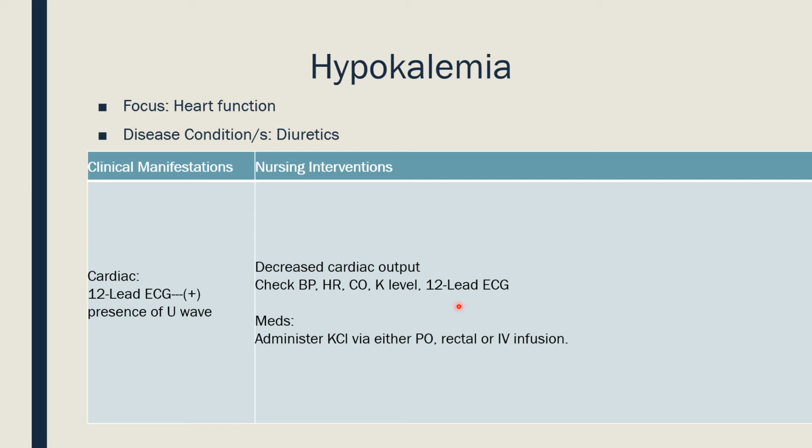And you want to check their 12-lead ECG, their baseline. Okay, and if your patient has low potassium, then you give potassium. And remember, this is a very common NCLEX question: you do not push potassium. You can give potassium via PO, rectally, or as an IV infusion.